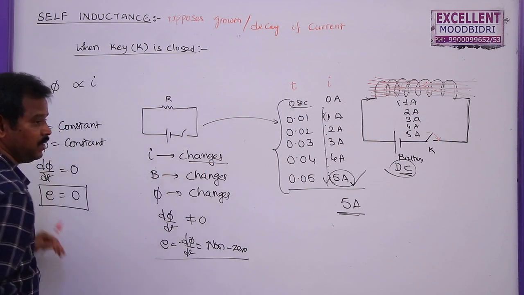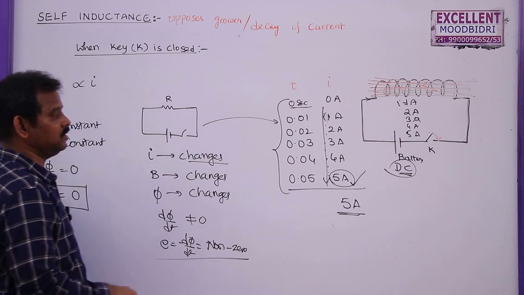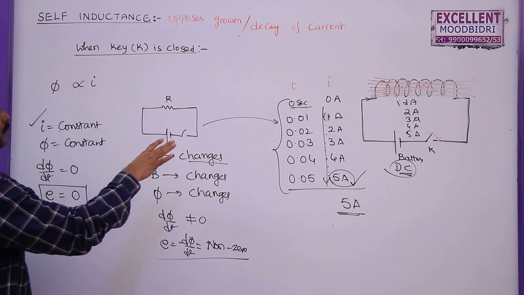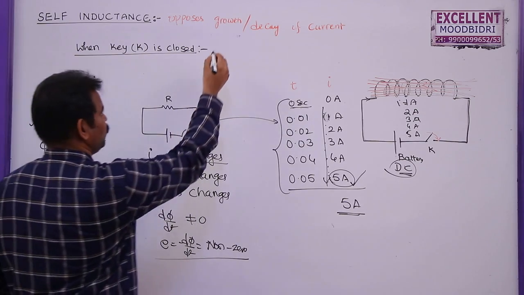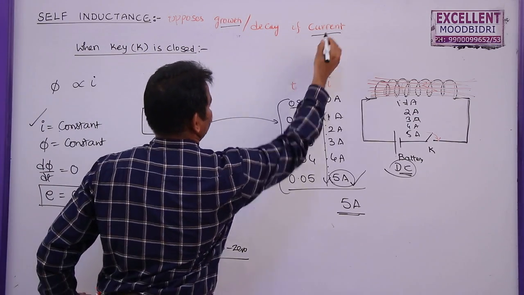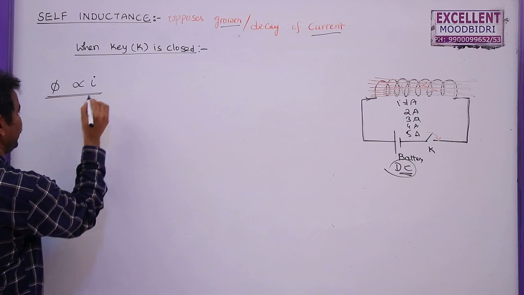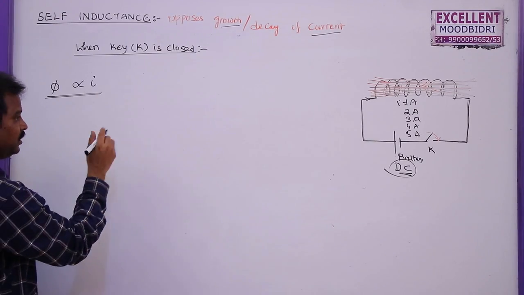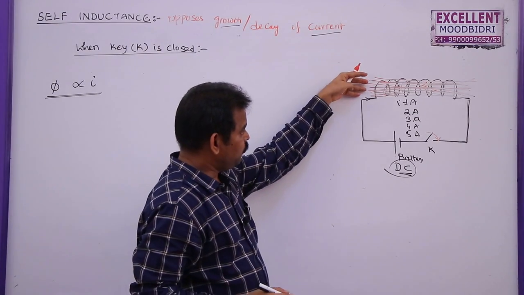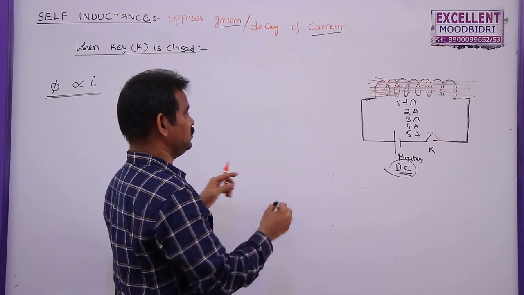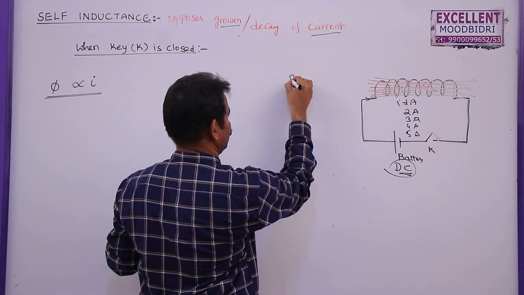This change may be an increase in current or a decrease in current. First let me explain about increase in current, which we call growth of current in the coil. When the current is increasing, as you know phi relates to I, the field through the coil also increases. Here this is just similar to a solenoid.